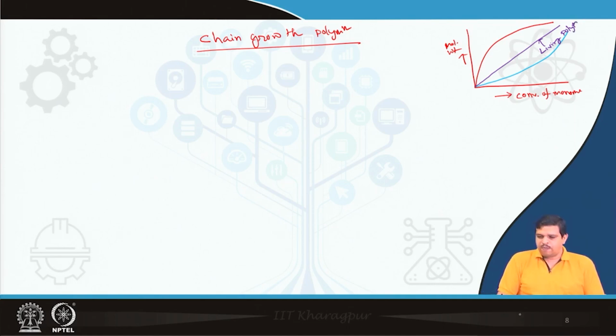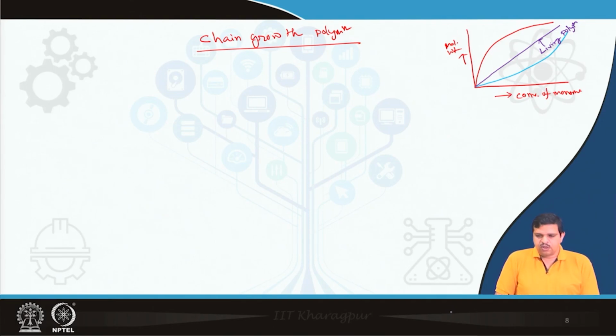Eventually we will discuss later how we can make chain growth polymerization into living polymerization. Essentially, living polymerizations can be either chain growth or step growth, but the polymerization is controlled to get a well defined polymer with a specific PDI or a controlled structure of the polymer backbone.